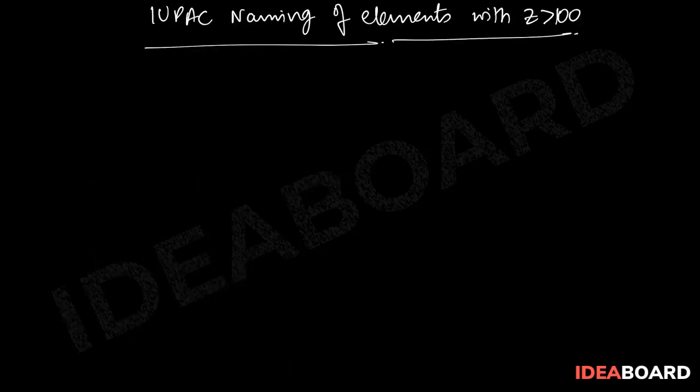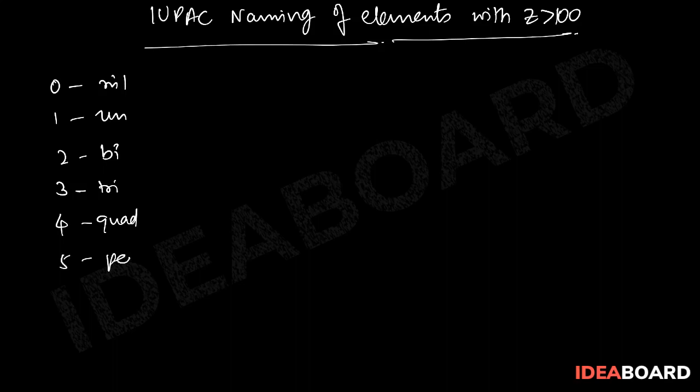These are named using Greek roots. So 0 is nil, 1 is un, 2 is bi, 3 is tri, 4 is quad, 5 is pent, 6 is hex, 7 is sept, 8 is oct, and 9 is enn.